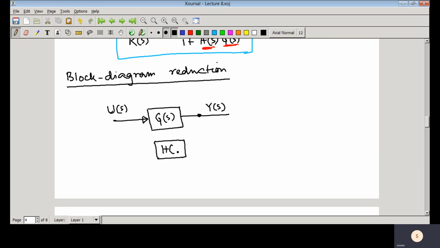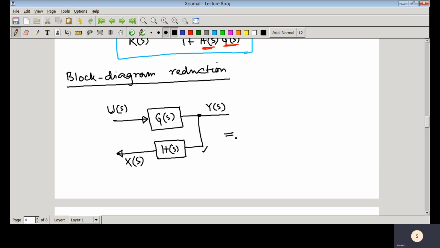So you have that H(s), and the branching point from this particular point. This is a part of your block diagram. Here you have tapped the signal Y(s), and this is called the branching point.